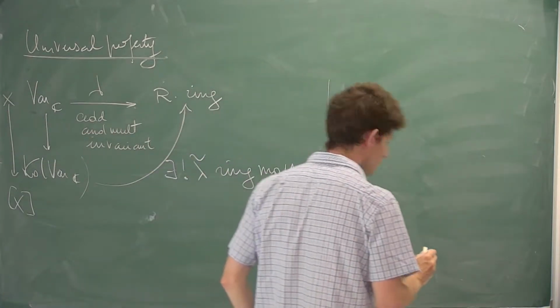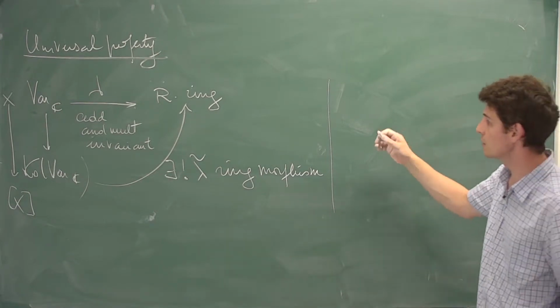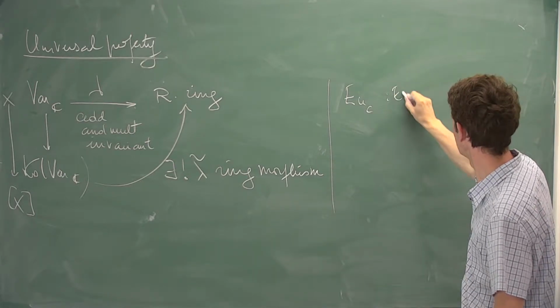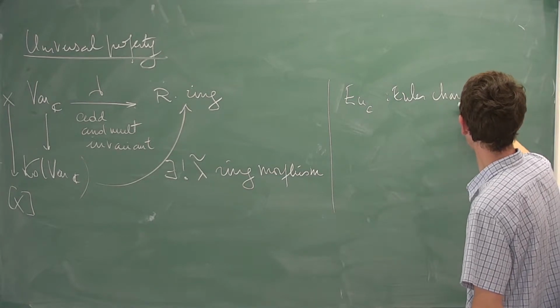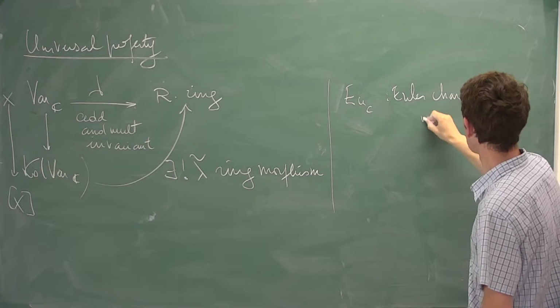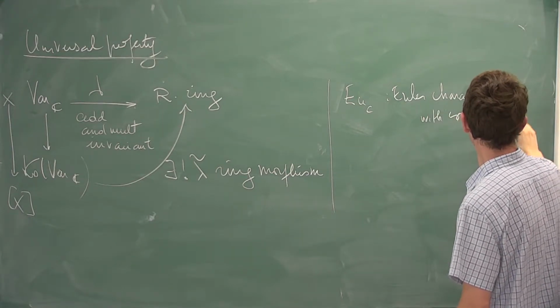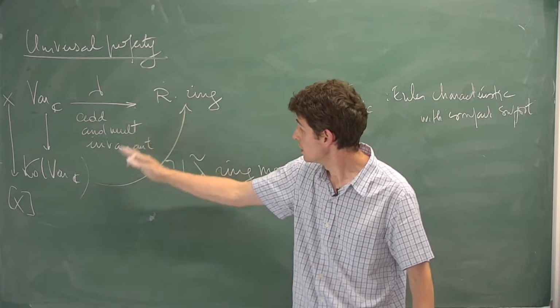So for instance, I don't know the background of the audience in topology, but if you consider the Euler characteristic with compact support, this is an additive and multiplicative invariant, and it factorizes through the bracket map.